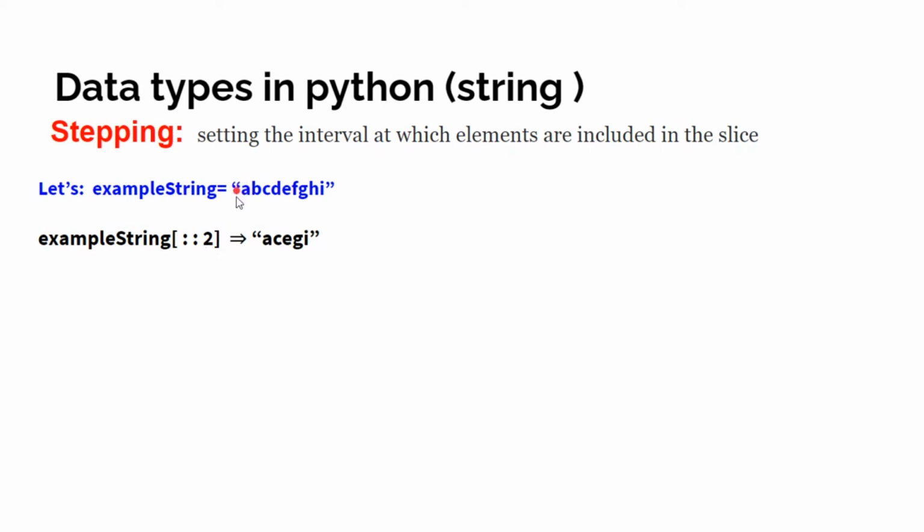If we start from the first, the second element is C. Again, the second element is E. Again, G. And the next again is I. So if we write example string and pass the step size 2, we will get the result ACGI.